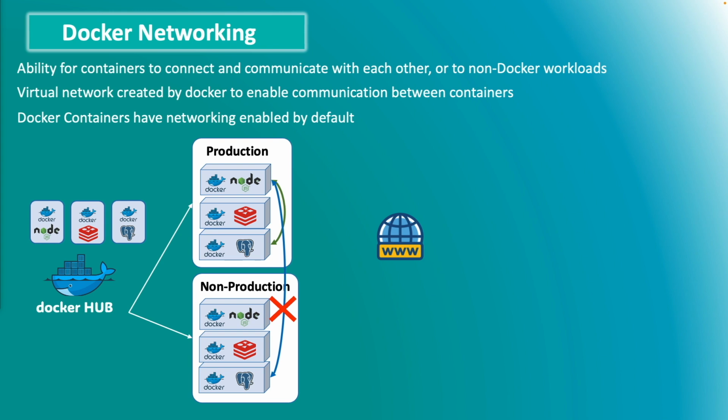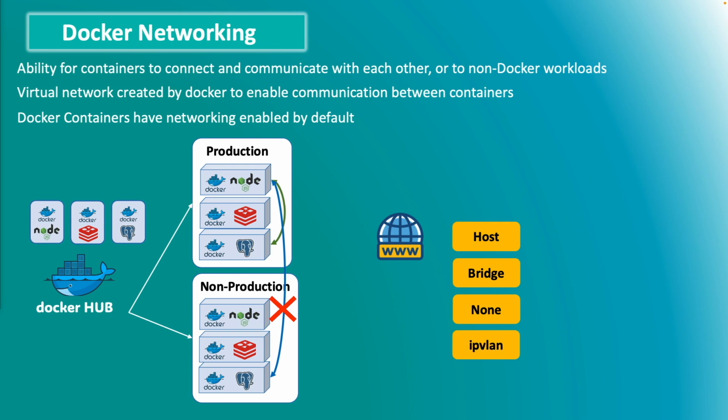So the default container networking will not support your implementation use cases. Then what are the networking modes or settings Docker supports? They are host, bridge, none, then we have IPvlan and Macvlan. Now let's understand the networking modes together.